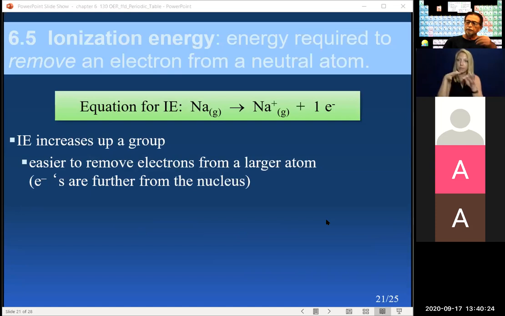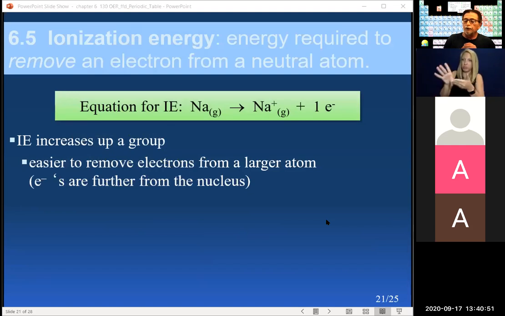Because we're going to talk about what's called the ionization energy. Ionization energy is simply the amount of energy necessary to remove an electron from a neutral atom. So we take an element, we hit it with some energy, and we want to kick off an electron.